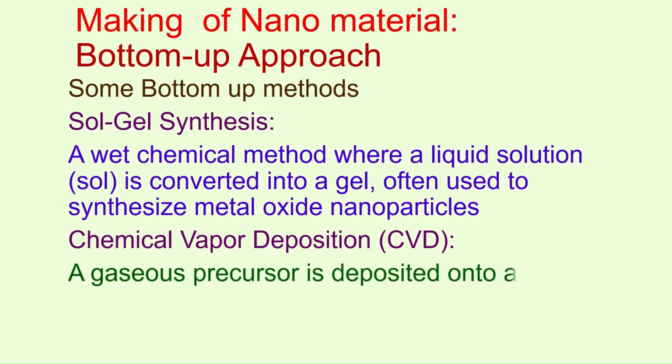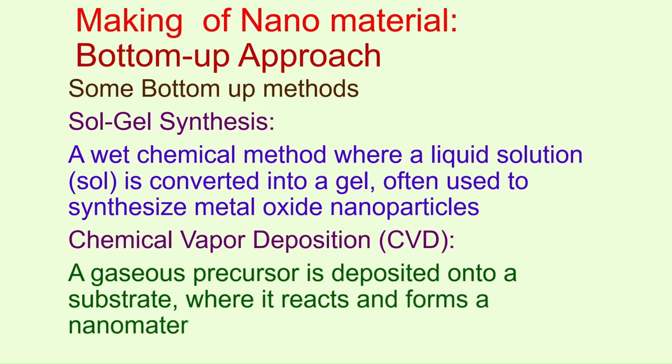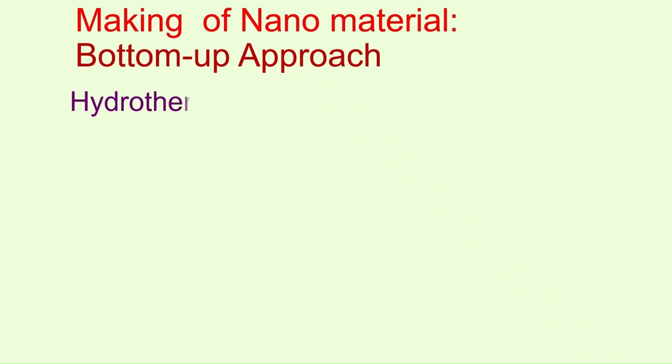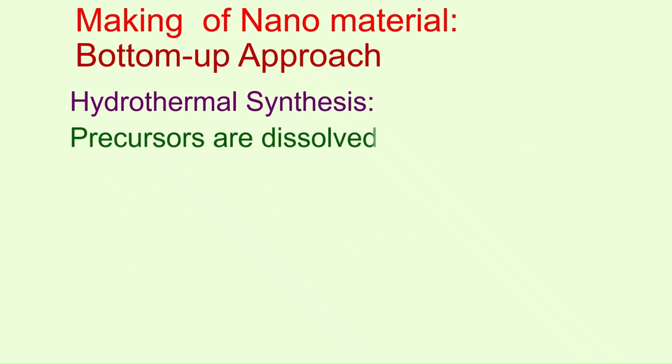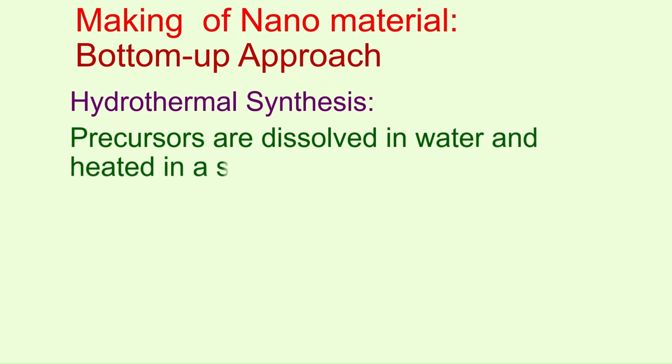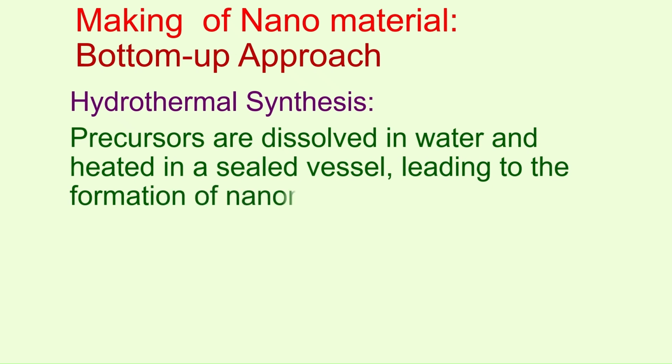A gaseous precursor is deposited onto a substrate where it reacts and forms a nanomaterial. Hydrothermal synthesis. Precursors are dissolved in water and heated in a sealed vessel, leading to the formation of nanomaterials.